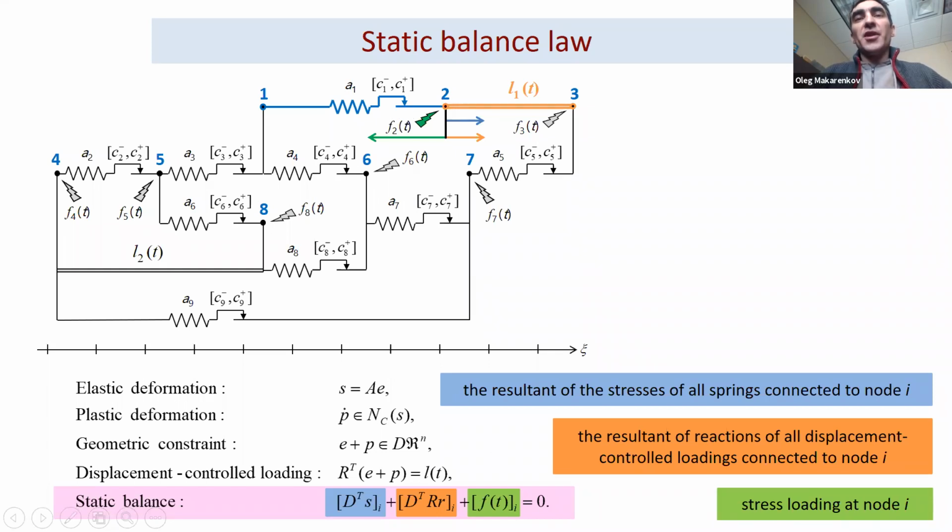And finally, we have an additional green ingredient, the stress-controlled loading applied at this node. This static balance means that we work in a quasi-static framework. In the quasi-static framework, we assume that static balance holds.